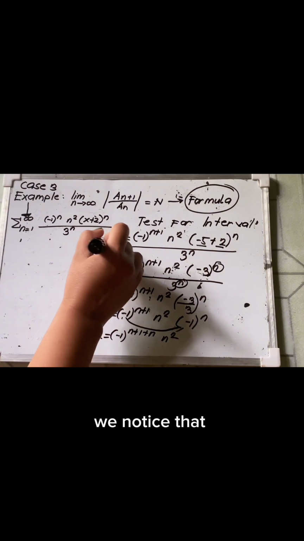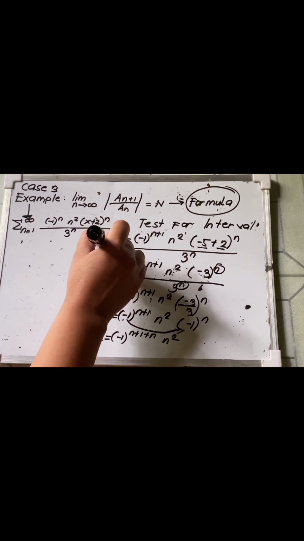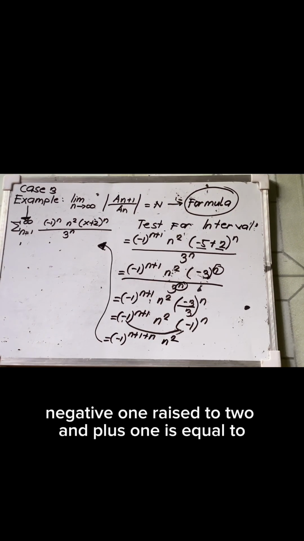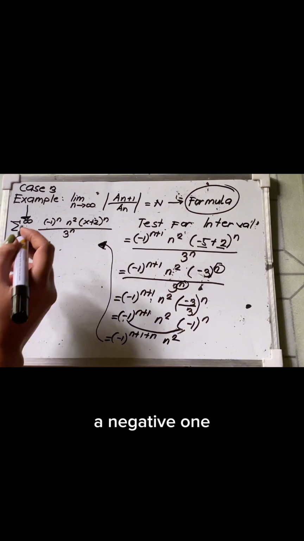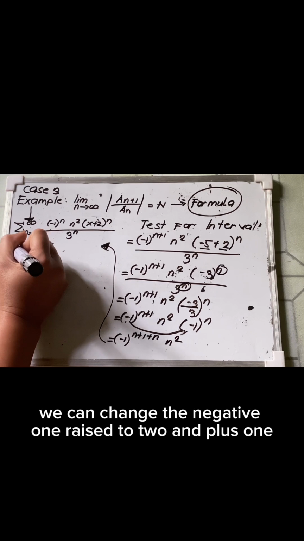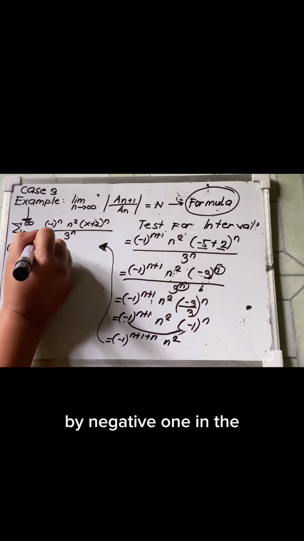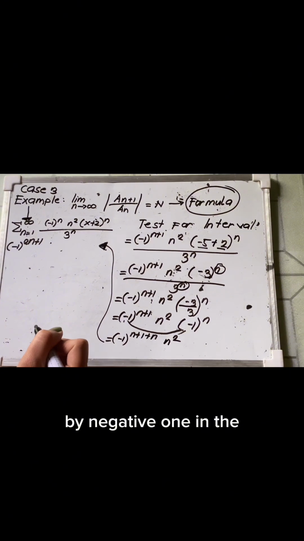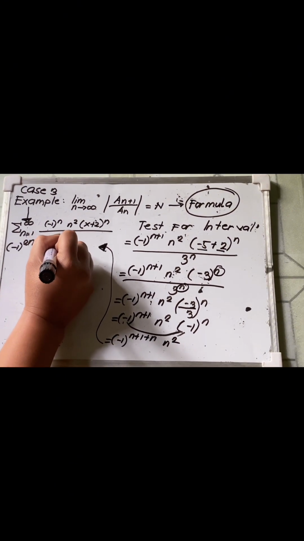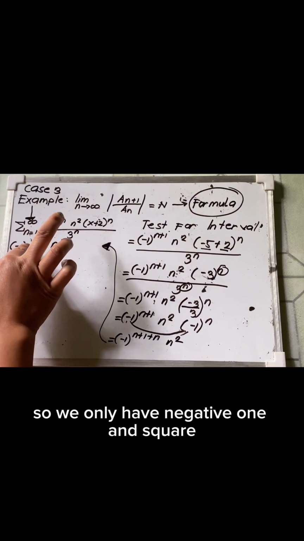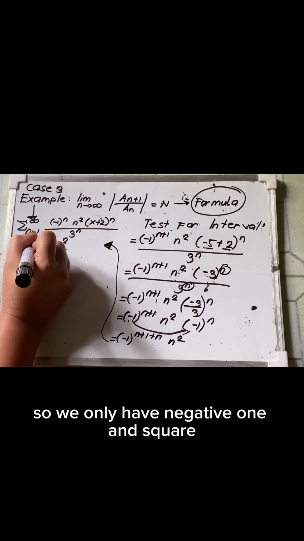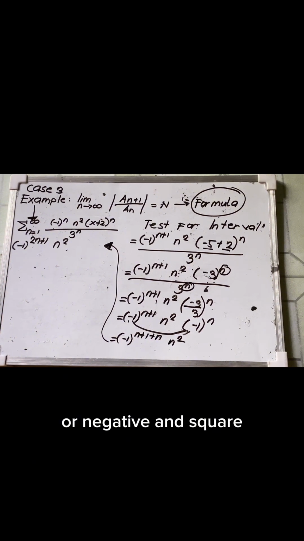So, we notice that (-1)^(2n+1) is equal to negative 1. We can replace the (-1)^(2n+1) with negative 1 in the problem. So, we only have (-1) n squared, or negative n squared.